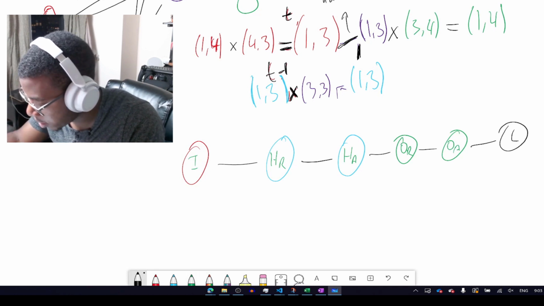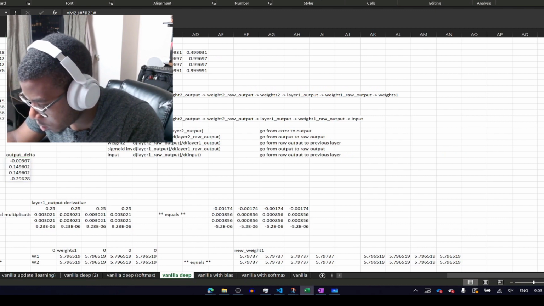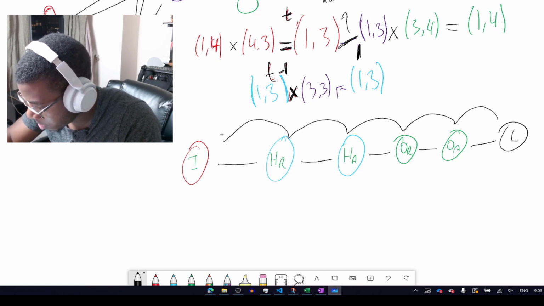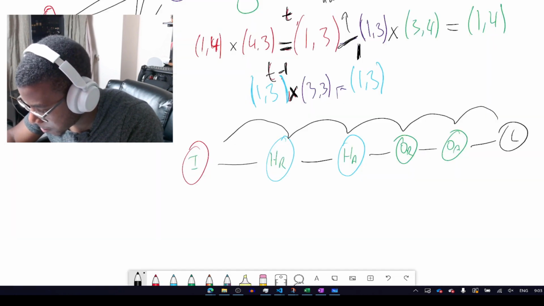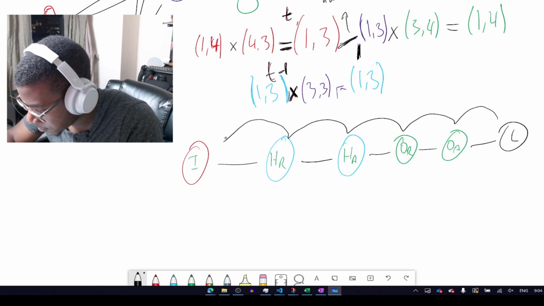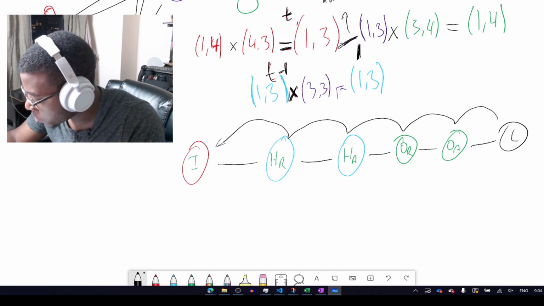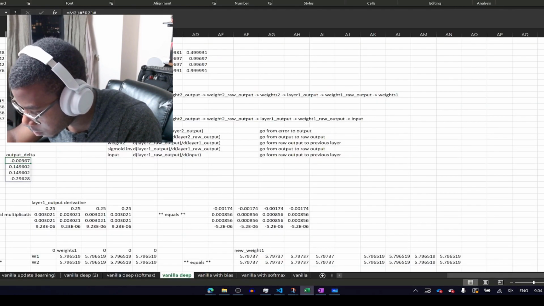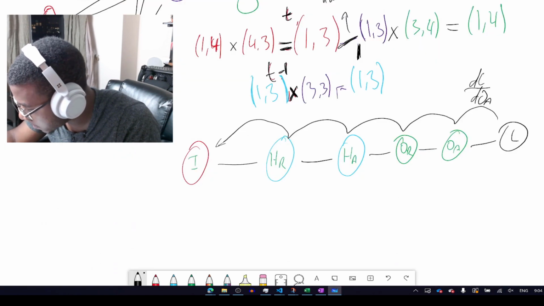So just in standard normal backprop, we're just going like that. So this would be dL over dOA, and then this would be dOA over dOR, so just differentiating.